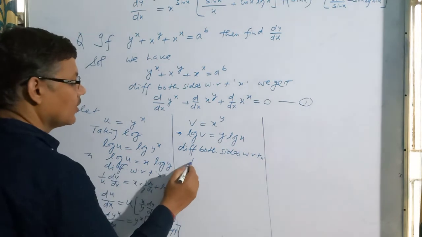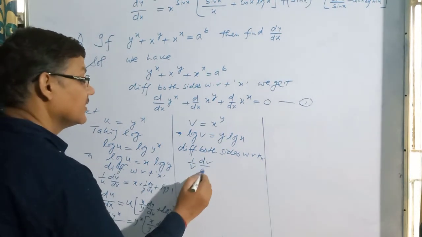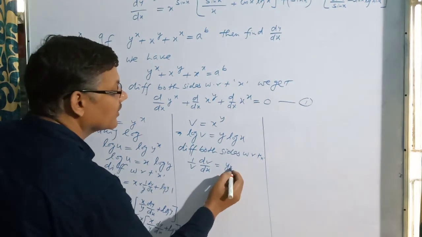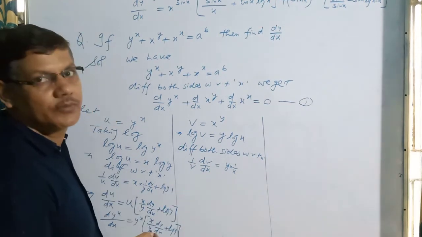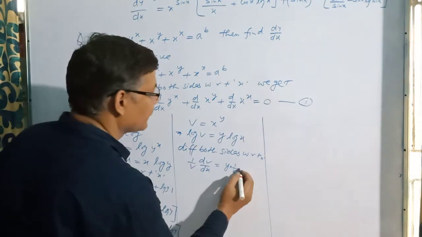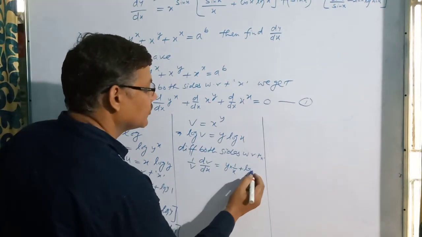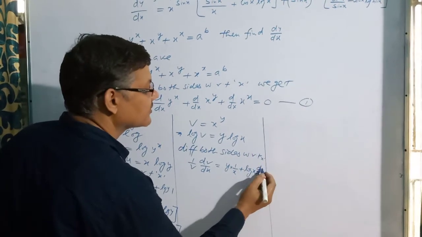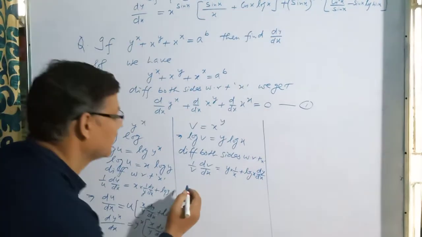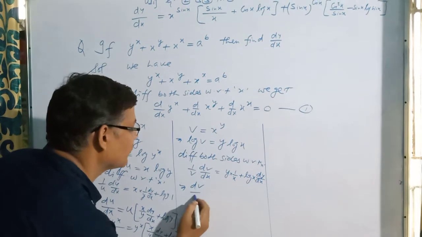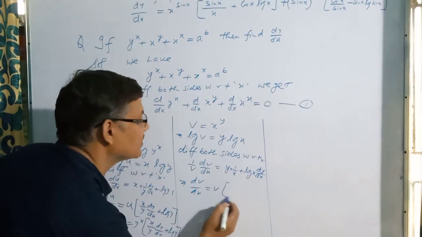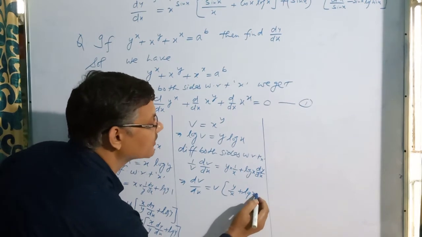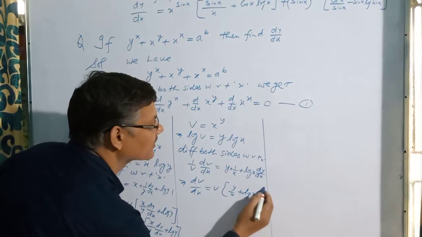What we get? 1 by v dv by dx is equal to function number 1 into derivative of function number 2, derivative of log x is 1 by x, plus function number 2 into derivative of function number 1, that comes as dy by dx. It implies dv by dx is equal to v into y by x plus log x into dy by dx.